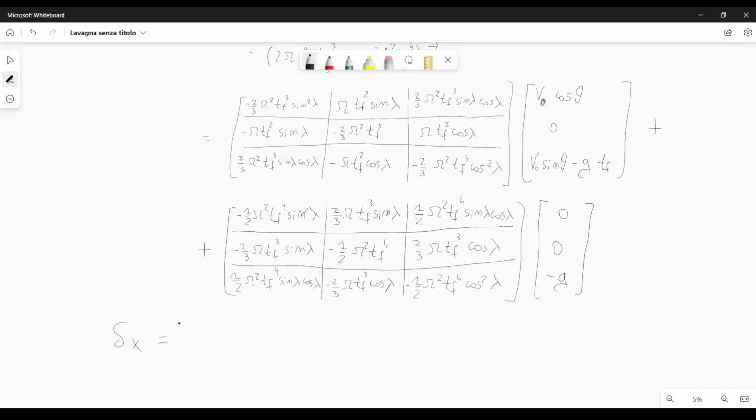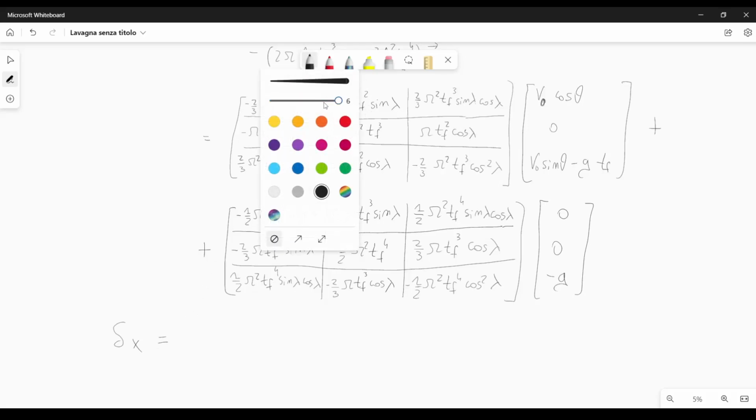So delta x, if you do the calculation, let me thicken this line.